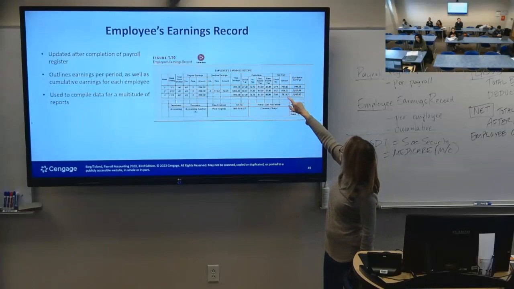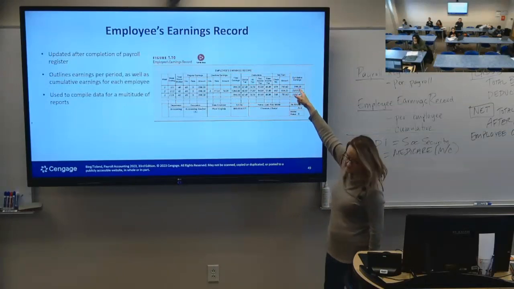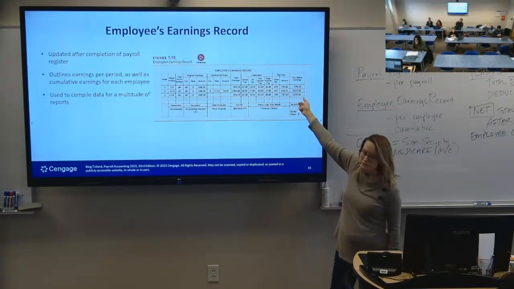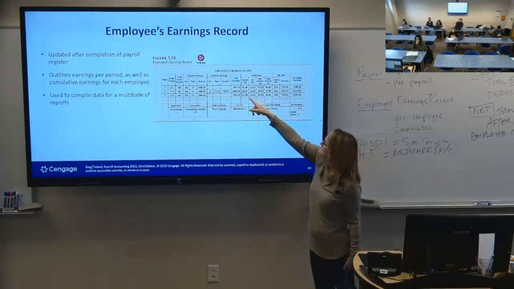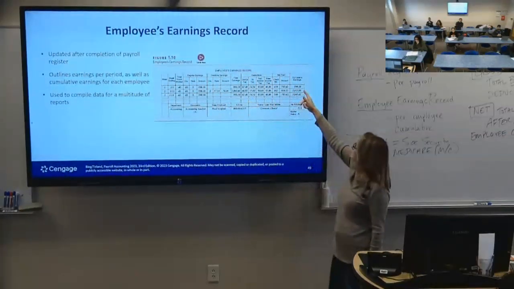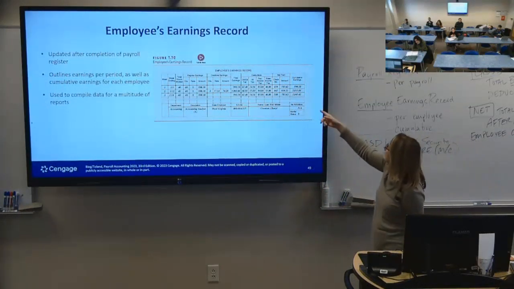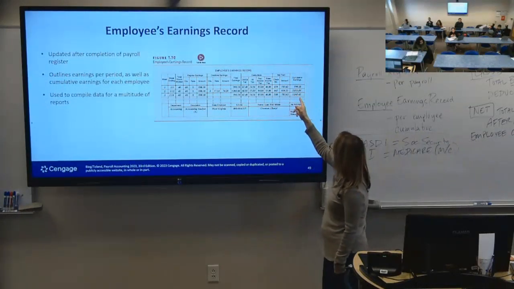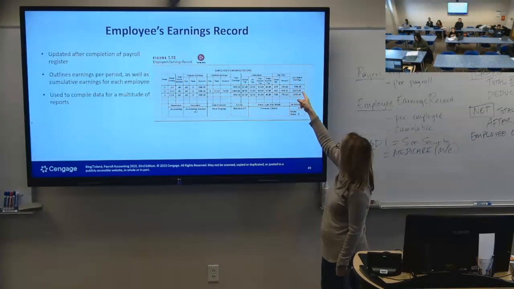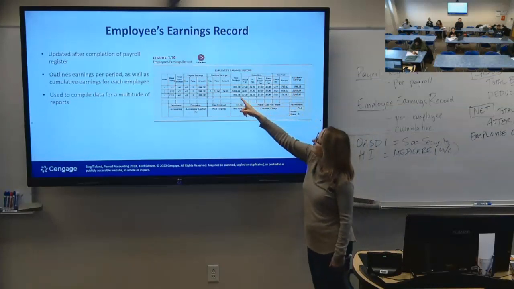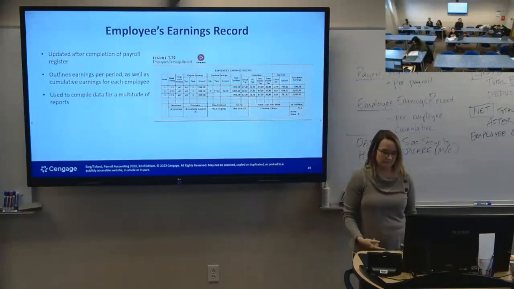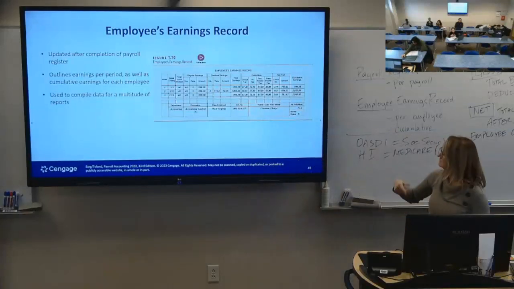In the second week, though, what we've got is we've added together last week's gross and this week's gross, the 1,064, to get what's been paid in total for the year so far. And then week three, we're going to take this cell and add to it the total earnings for that week. Okay, and that just keeps going.